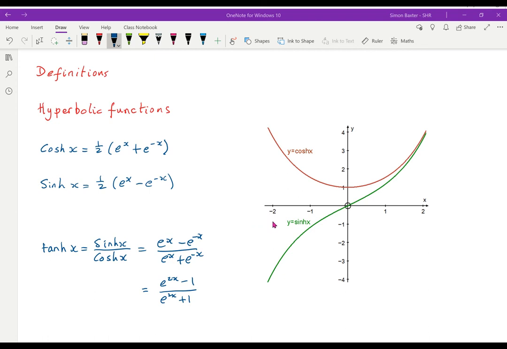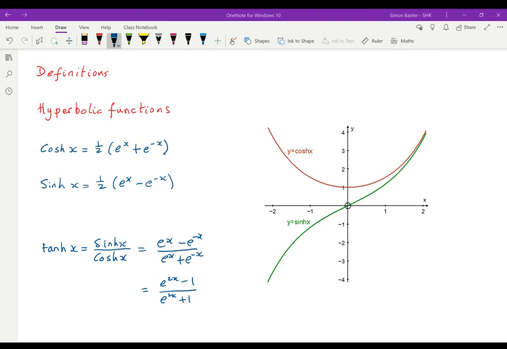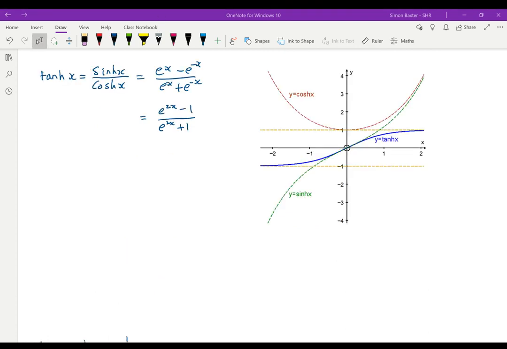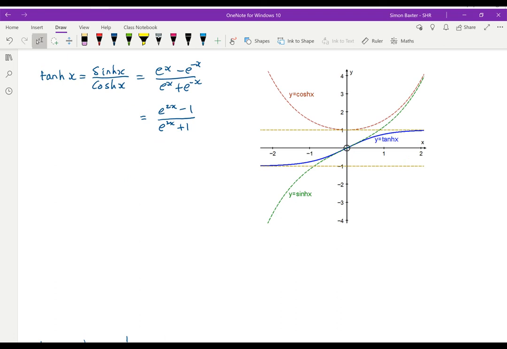So we're above minus 1, we go through 0, and we go out through 1. And there it is. You've got your two lines, y equals 1, y equals minus 1. The blue curve is contained between the two, goes through 0, and there is y equals tanh x.